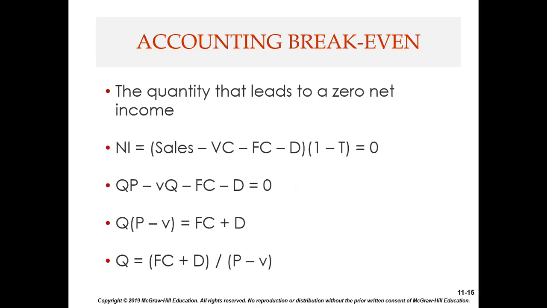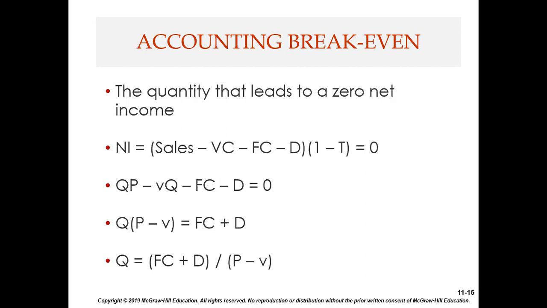So how do we determine the break even when it comes to the accounting break even? This is the quantity that leads to a net income of 0. Remember, net income equals sales minus variable costs minus fixed costs minus depreciation, times 1 minus the tax rate. And we want that to equal 0.